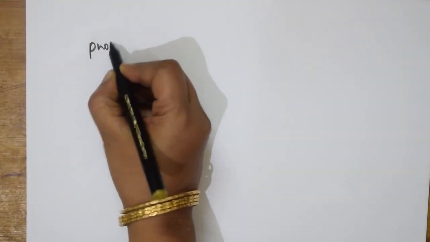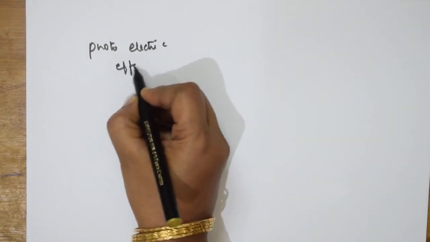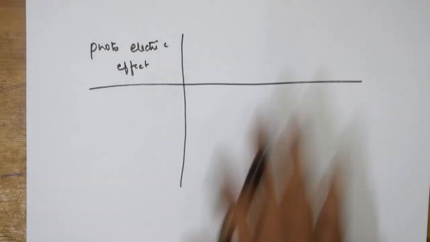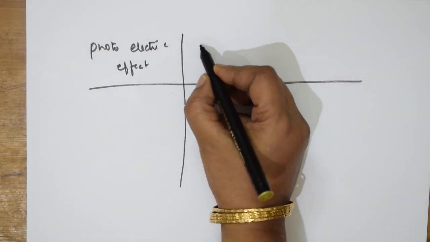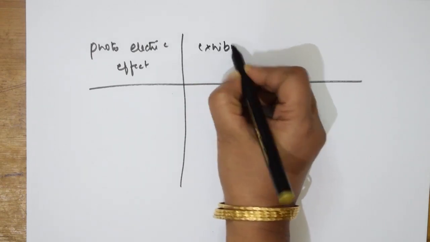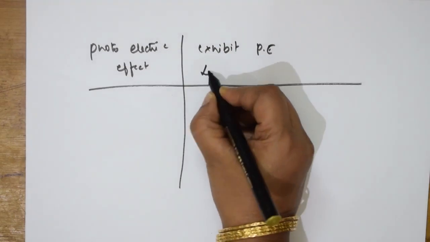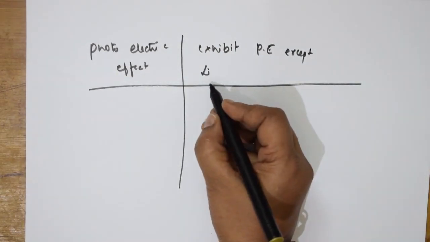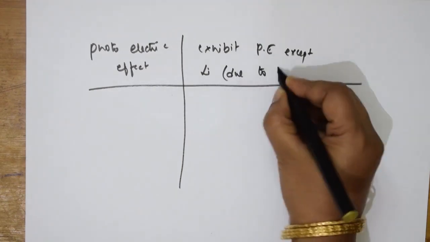The next important concept which you should remember is the photoelectric effect. You all know what the photoelectric effect is, isn't it? The ejection of electrons when light is incident on a particular metal. So they exhibit the photoelectric effect, except lithium. Why? Lithium does not show the photoelectric effect due to higher ionization energy, because I need a lot of energy.